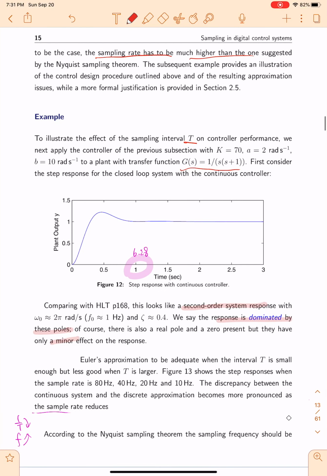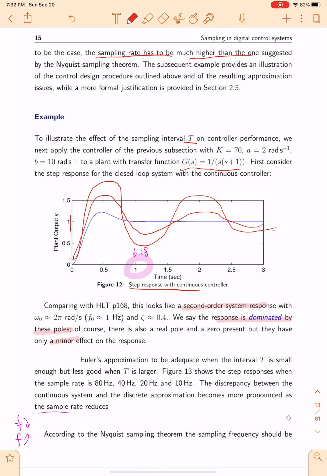So basically, this is the step response, and the y-axis is amplitude, and the x-axis is time.